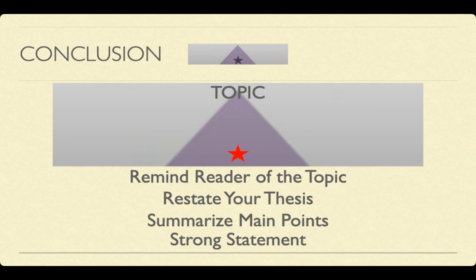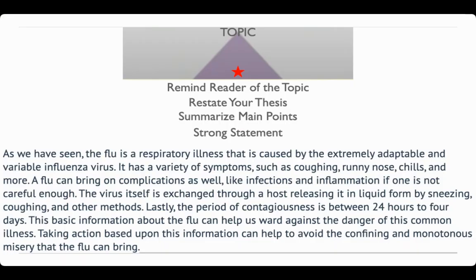Let's read the conclusion paragraph of our essay on the virus. As we have seen, the flu is a respiratory illness that is caused by the extremely adaptable and variable influenza virus. It has a variety of symptoms such as coughing, runny nose, chills, and more. A flu can bring on complications as well, like infections and inflammation, if one is not careful enough.